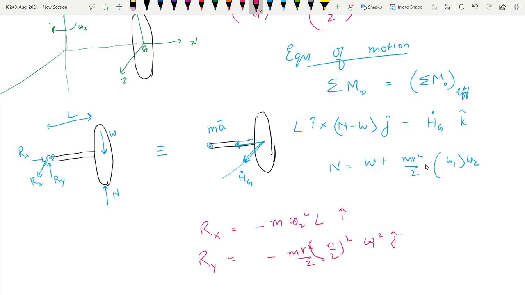Right, so this Ry can be obtained from the force balance here. So Ry will be equal to N minus W, right? So it is going to be this expression.